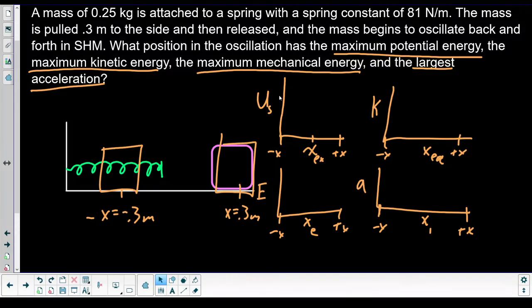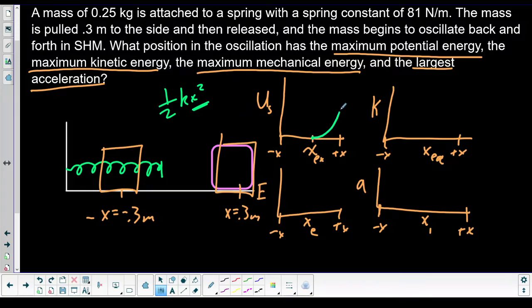The potential energy due to having a spring, the formula for that is 1/2 kx squared. So the farther we are, the more potential energy we have. So at equilibrium, x is 0, and we have no potential energy. If I displace to the right, it increases, and as it increases, x is squared.